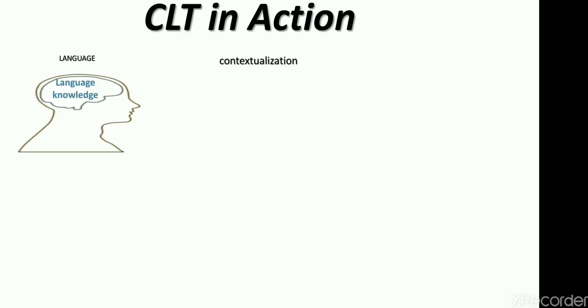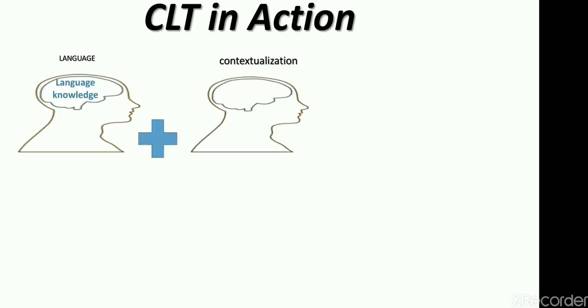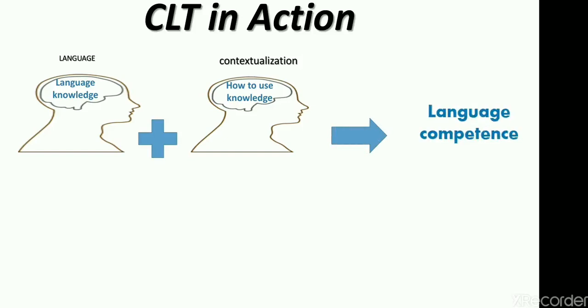Now, for CLT in action, as we said before, the focus of this method is on the language and the contextualization of this language. So the communicative language teaching approach says that learners need the knowledge of the language plus how to use this language or how to put it in a context to achieve the language competence, as the meaning is of primary importance in CLT and contextualization is a basic principle of the method.